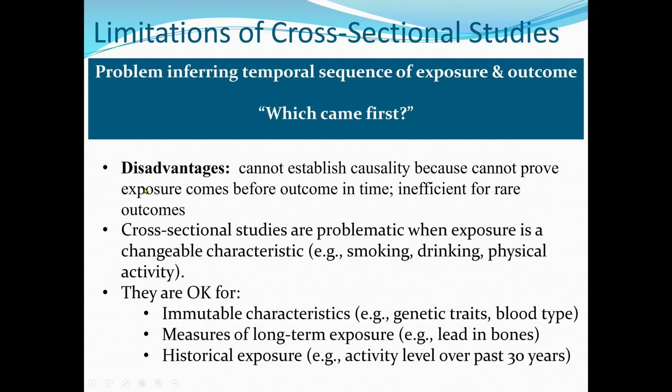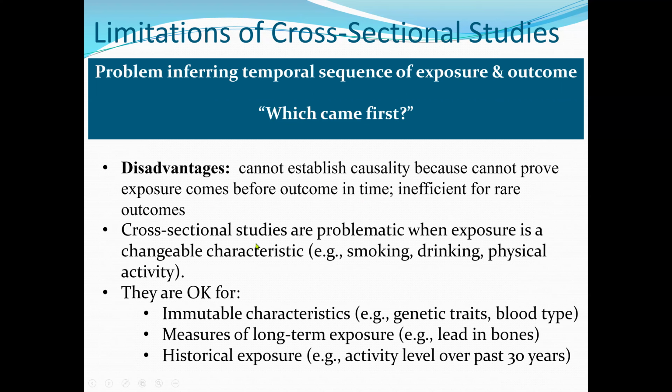Now, a disadvantage is that we cannot establish causality, because we cannot prove the exposure comes before the outcome in time, since our data is collected at a particular time. We don't know when the exposure and the outcome occurred. Also, it is inefficient for rare outcomes and very new diseases.